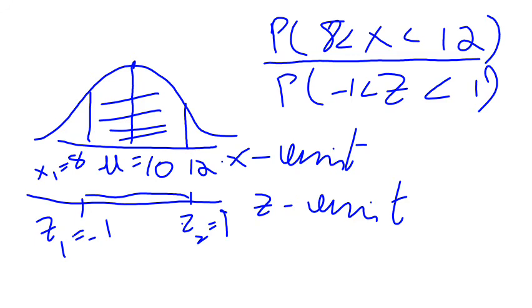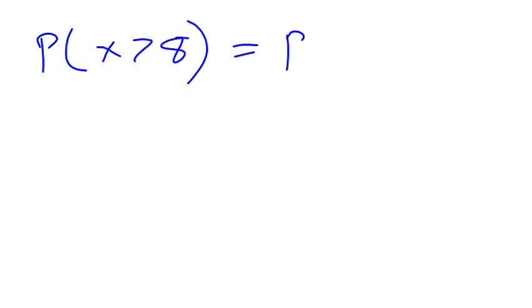Similarly, we can convert other probabilities onto this bell-shaped distribution, which was if x is greater than 8, correspondingly our z was greater than minus 1.